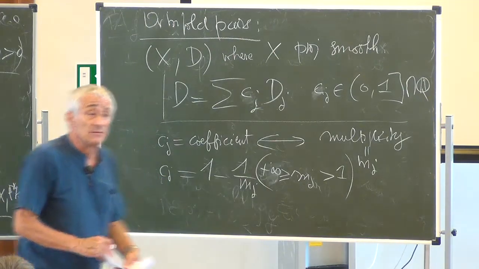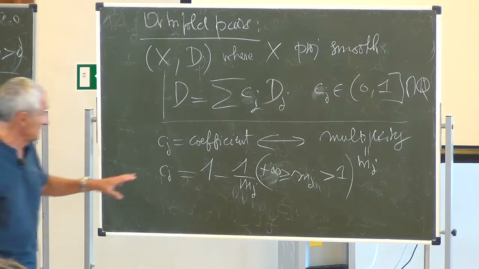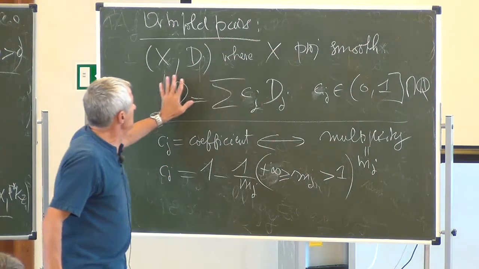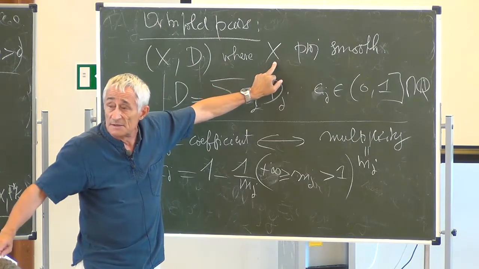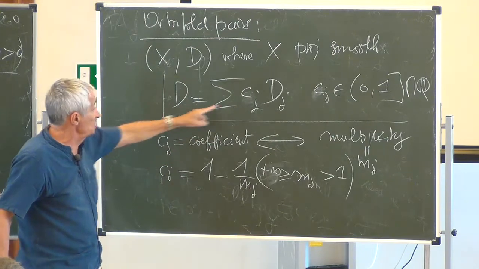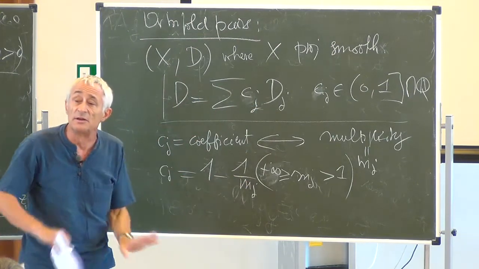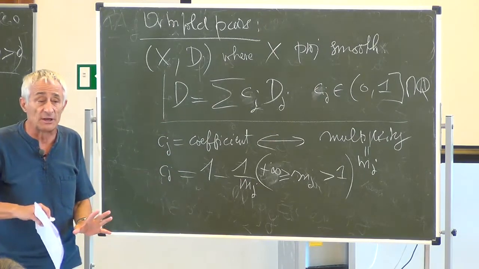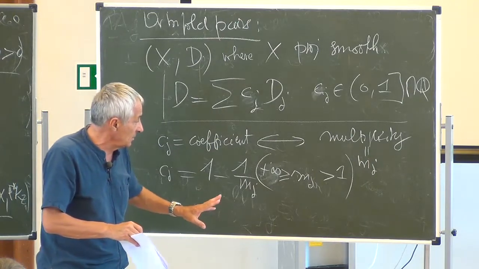Let me give you a very short interpretation of what it means. For example, assume that this D is 0, and you just get X, nothing else. Now, if all the coefficients are equal to 1, all multiplicities are equal to infinity, this corresponds to the purely logarithmic projective case.